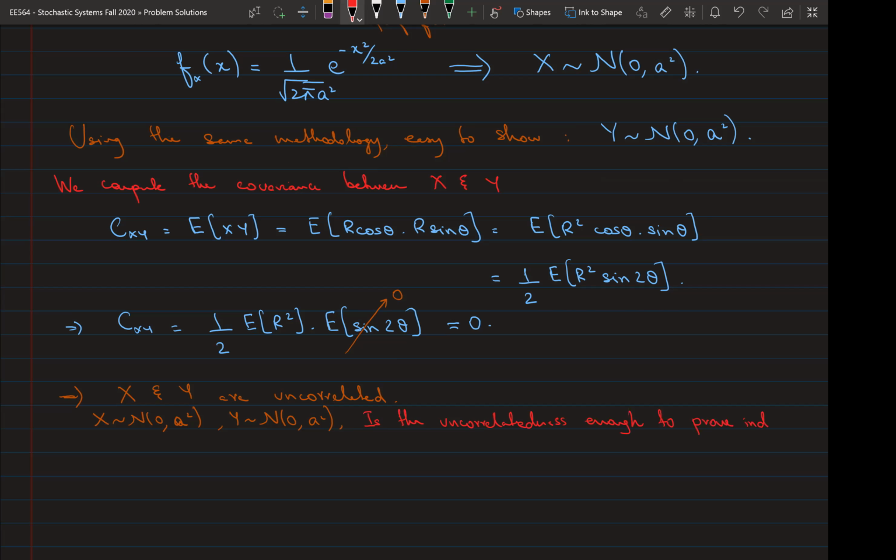The first thought that came to my mind as well is, yes, that should be enough, because x is Gaussian, y is Gaussian, and we know that if random variables are Gaussian and uncorrelated, they must be independent as well. But a little deeper thought reveals that that may not necessarily be true.